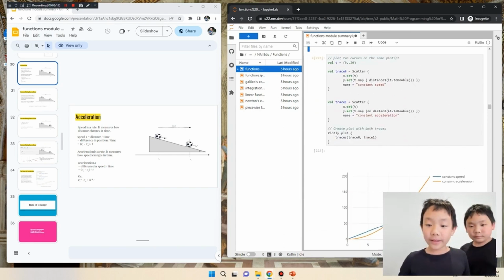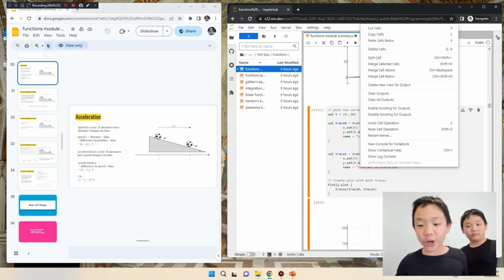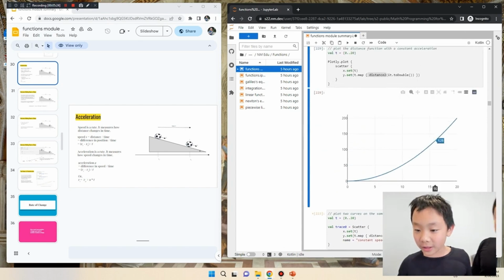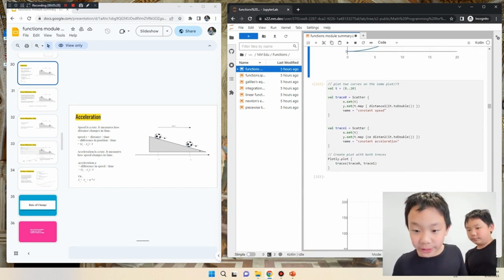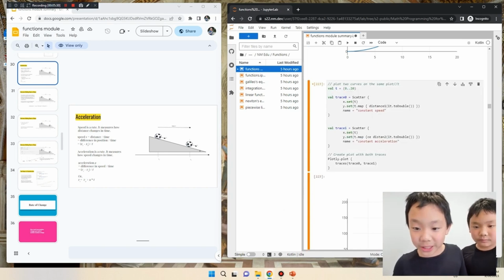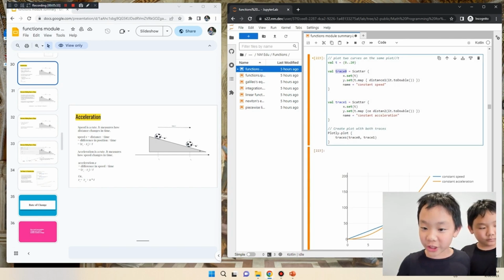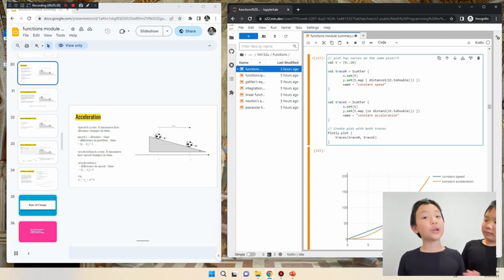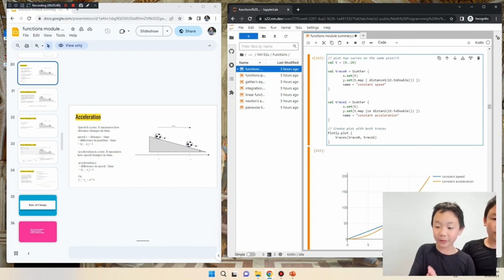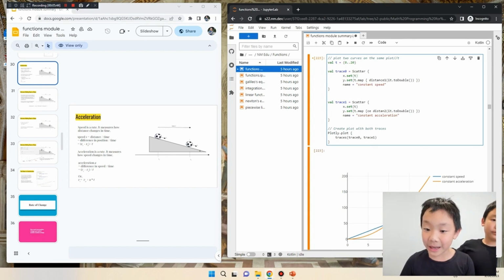And now let's plot the two plots on the same curve. We're going to be comparing this one to this one. To plot them on the same curve, we first set the t values from 0 to 20. Then we do the trace, which is just the name. This is the scatter function, which scatters the points around the graph. The x values are going to be set as t, and the y values are going to be the distance 1 function.